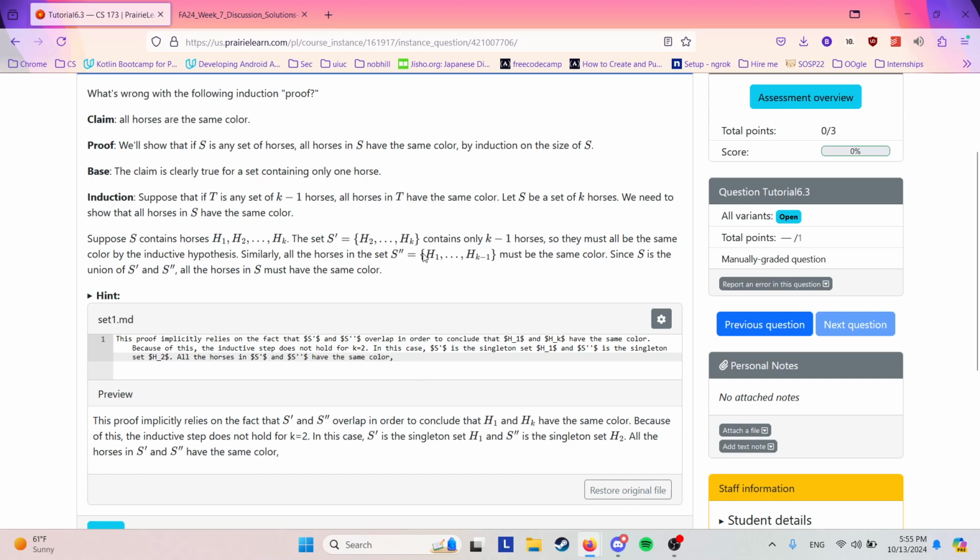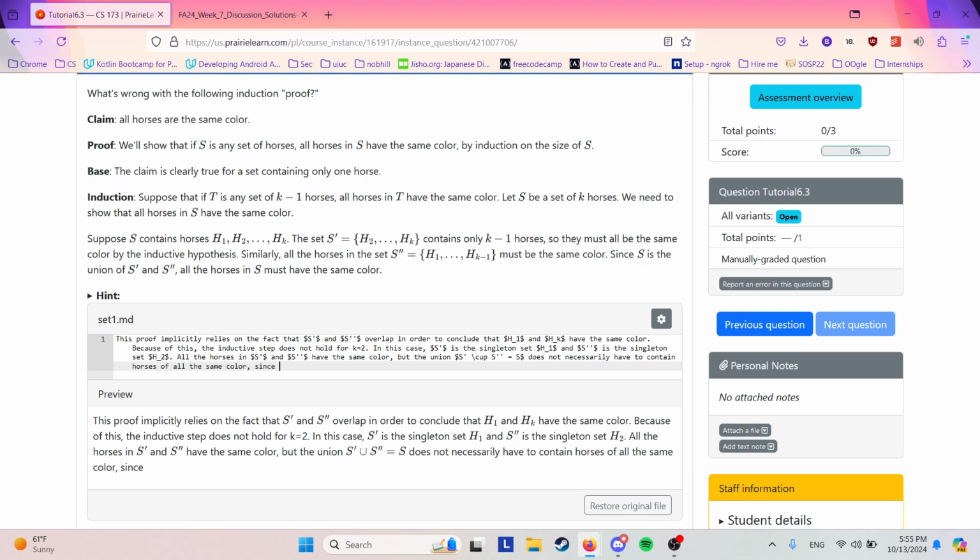So all the horses in both of these sets have the same color, but their union does not necessarily have to contain horses of all the same color, since S prime and S double prime are disjoint.